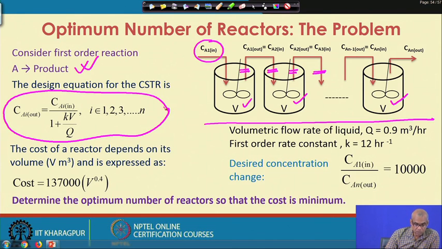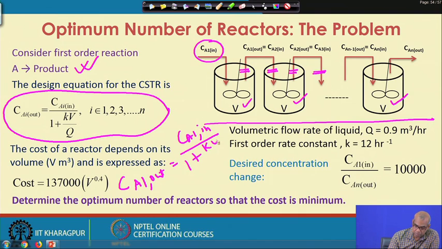So, if we want to write, let us say for the first reactor CSTR, we will write as CA1 out equal to CA1 in divided by 1 plus kV by Q. Similarly, you can write for CSTR2, 3, so on and so forth.